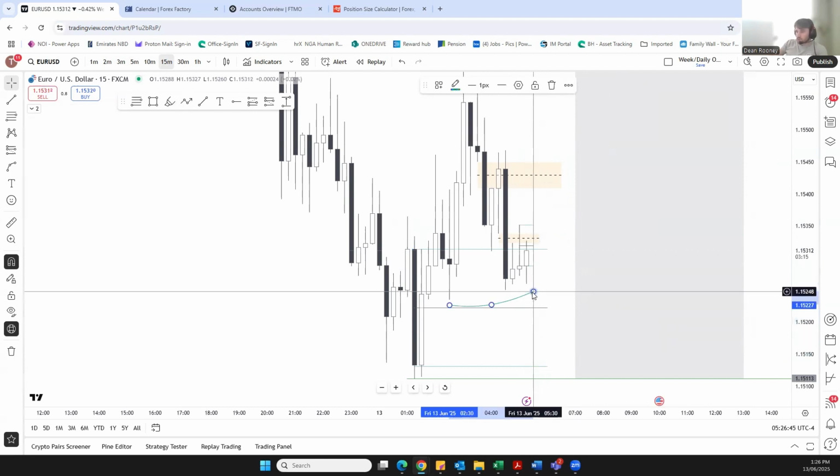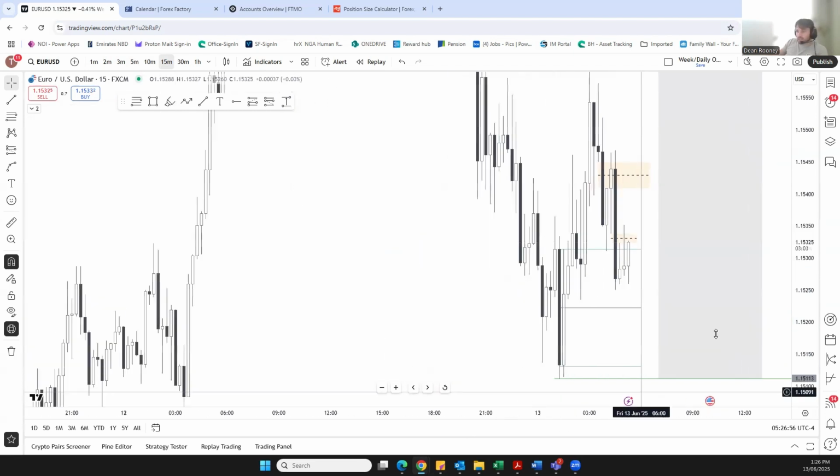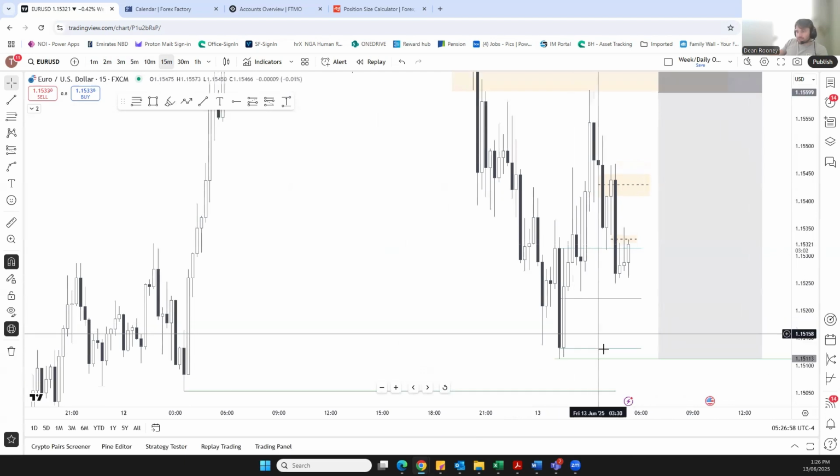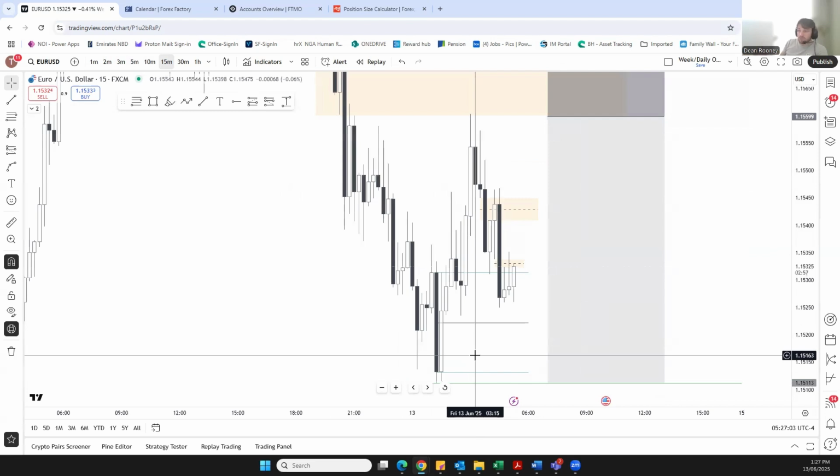I've got some logic going on in my mind, and a lot of the times it's just being able to look at the market and go, do you know what? That's not really tying in with my idea. So either I'm going to reduce my risk in my trade, or I'm going to close my trade. You might be in a small bit of profit, and you might think, you know what, this isn't worth it now because I'm not seeing the things that I would like to see.